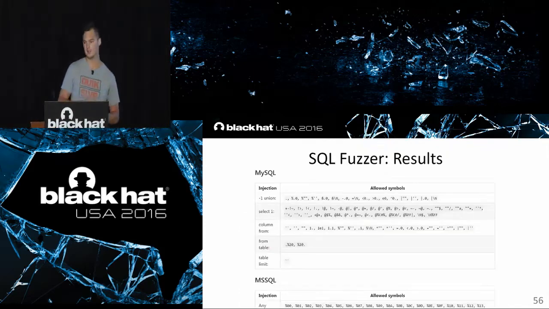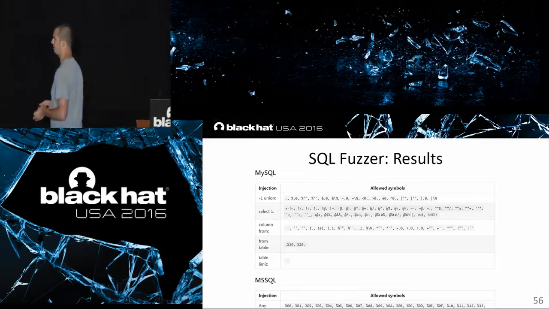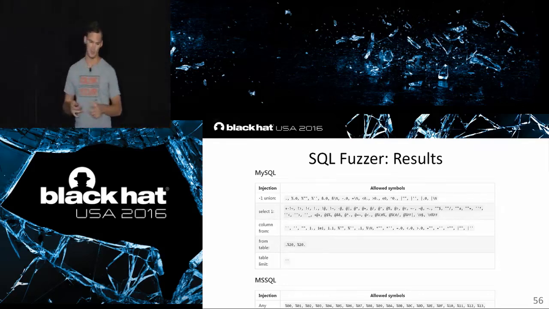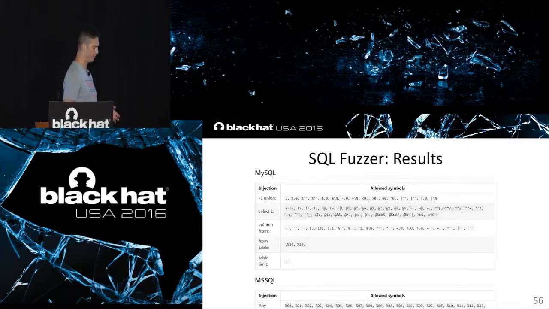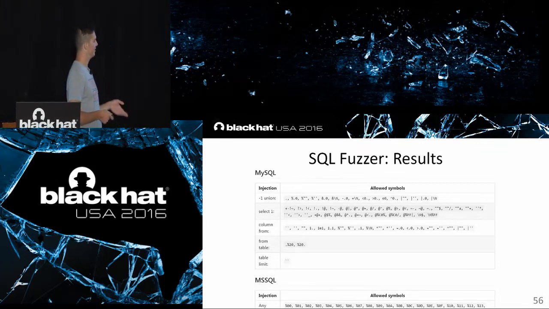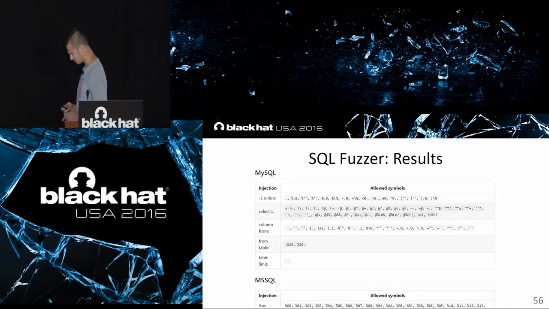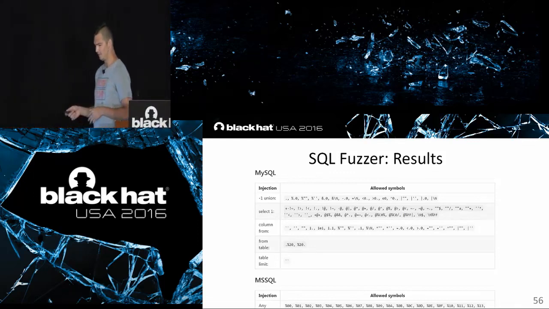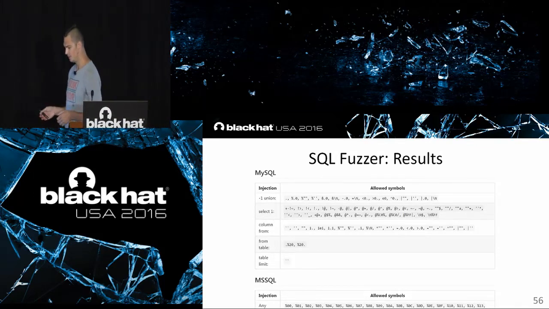The biggest contribution of this work, I believe, is the table of results. Here I have several runs of the C++ fuzzer on several backends, say MySQL and MSSQL on this slide, and I have fuzzed some injection points, such as -1 union, select one.